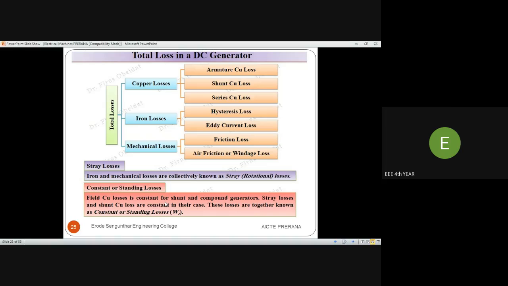In a DC series generator, series copper losses and armature copper losses are there. For a compound generator, there are three copper losses: shunt, series, and armature copper losses. The iron losses consist of hysteresis and eddy current losses. The mechanical losses consist of friction losses and air friction or windage losses. These are basic things we have to remember for solving the GATE problems.